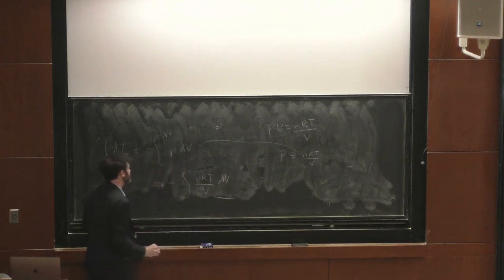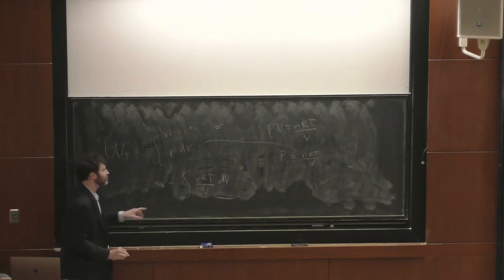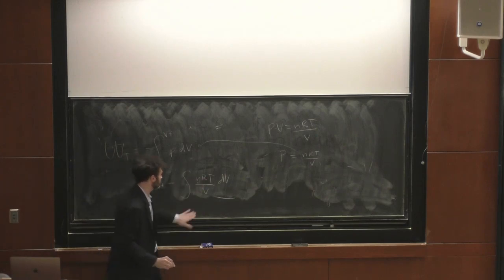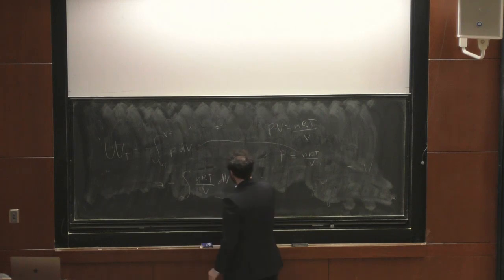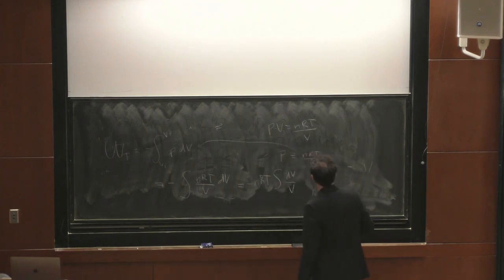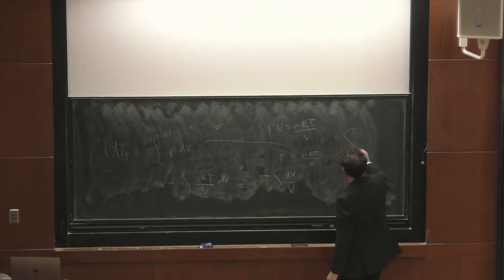Okay? But we said that it's an isothermal process, which means that it's a constant temperature. And we're going to assume that the number of moles of the substance doesn't change either. And R is a constant, so nRT can just come out front because it's a constant. And then I have this integral of dV over V. And the integral, we remember this from calculus, of dx over x is natural log of x.